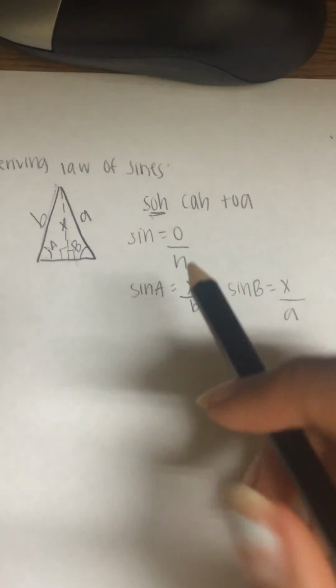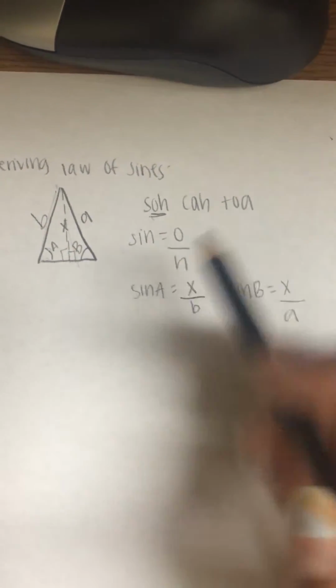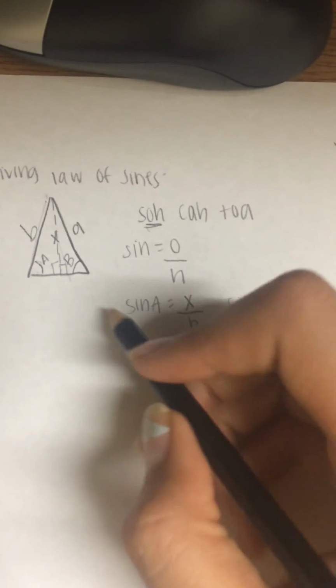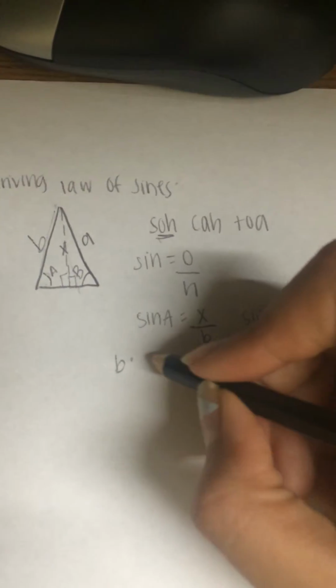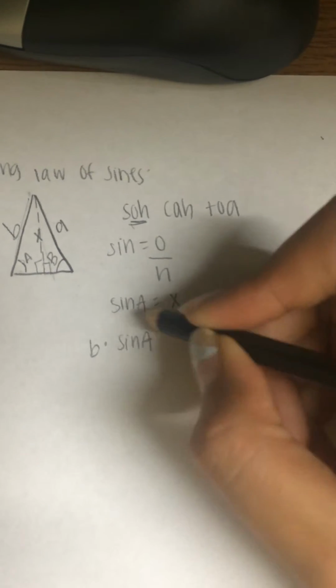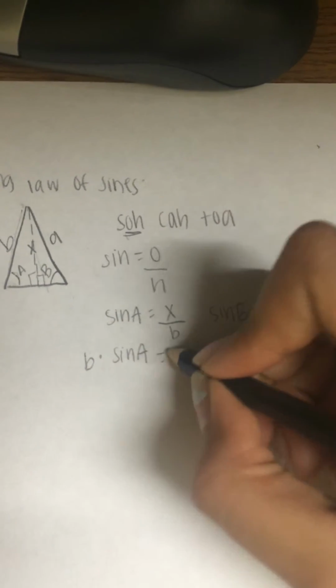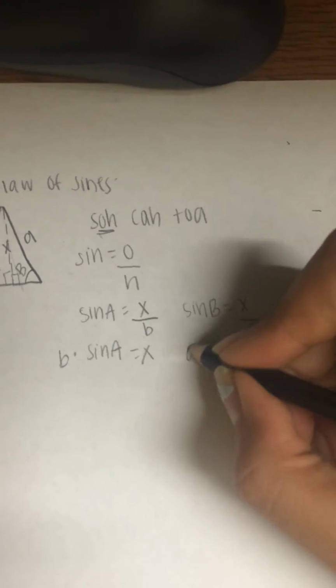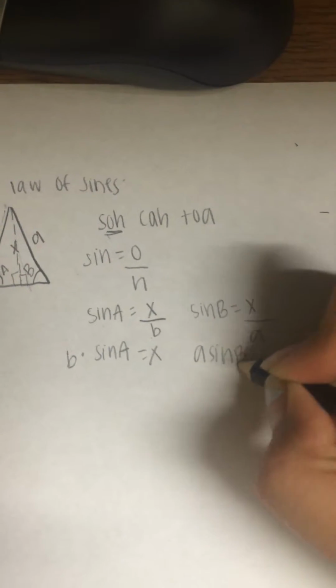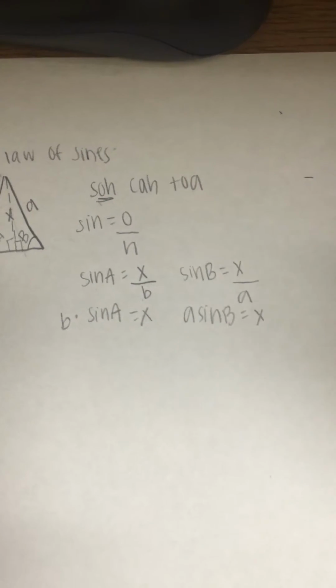Now if you multiply each side, you're going to get b times sine of A equals x, and same here, a sine of B equals x.